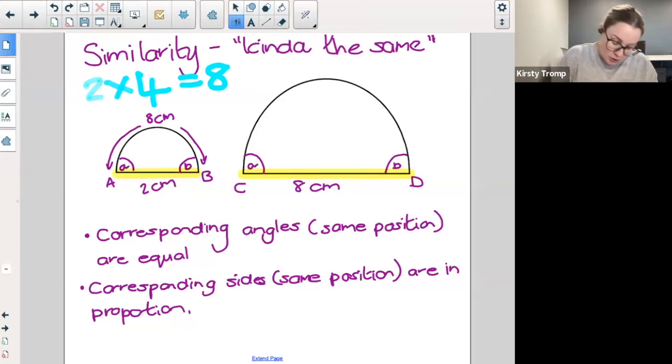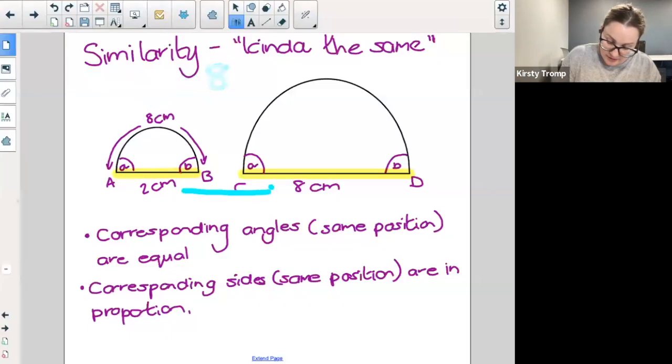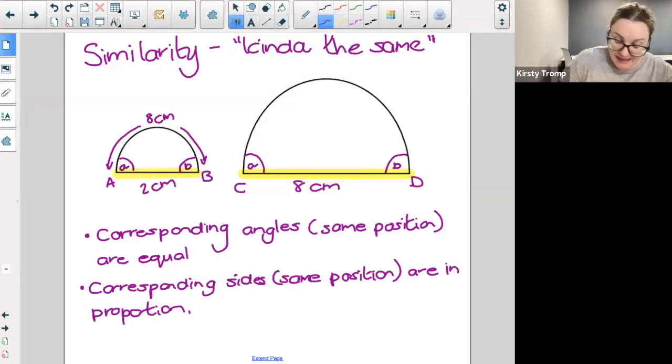So to get from 2 centimeters all the way to 8 centimeters, what did I do to 2 to get 8? I multiplied it by 4. So now, if I'm looking at my drawing, this big side on the top was 8 centimeters. So 8 times 4 is going to give me 32 centimeters.